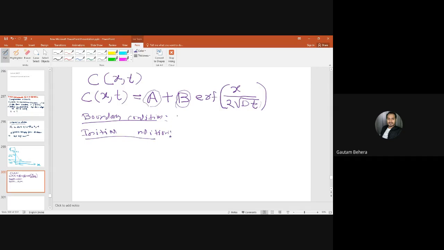So for boundary condition, I can write C as a function of 0 and t. That is equal to, already I have written, that is CS, right? Concentration at the surface, which is maintained constant, which will not change throughout the carburizing process.